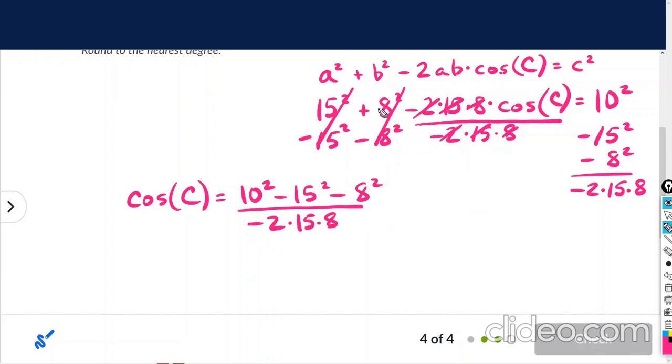Like I said, if you want to simplify some of these things first and then go through this process, that's perfectly fine. I'd rather just use the calculator once to avoid mistakes.